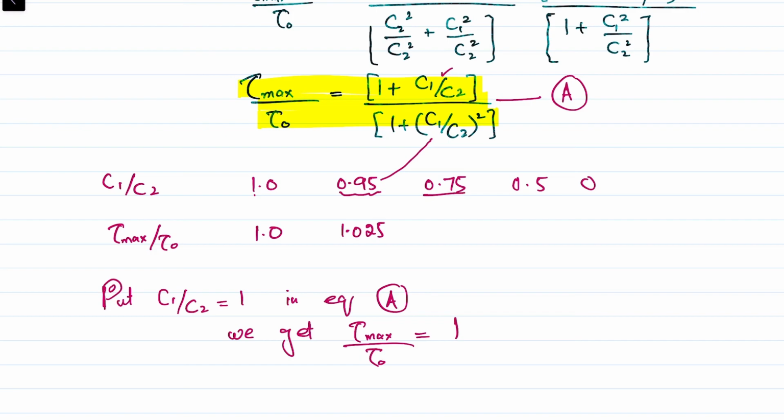Same is the case, you have to put C1 over C2 in this equation A, you will get 1.120. Same is the case for 0.5, so you will get 1.20. And if you put C1 over C2 equal to 0, you will get τmax over τ₀ equal to 1. So this is our required answer for different values of C1 and C2.